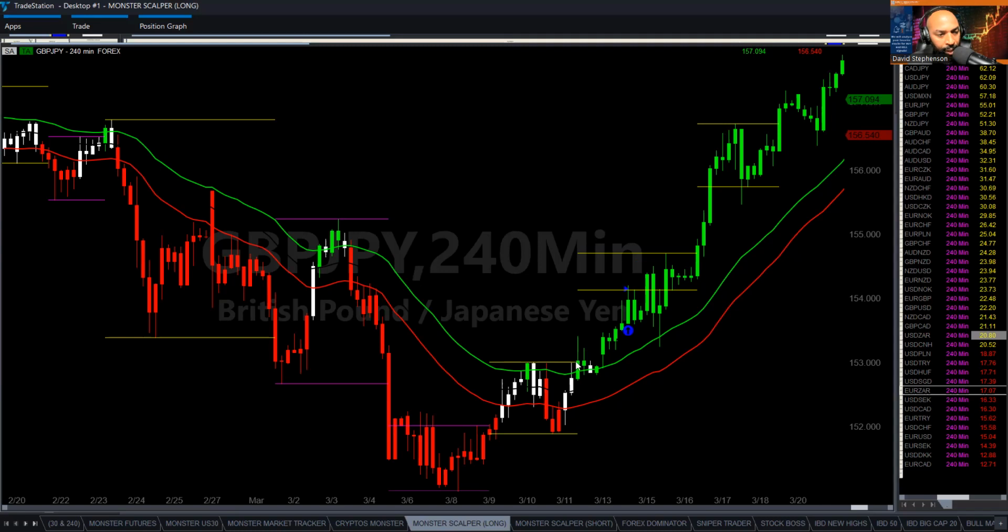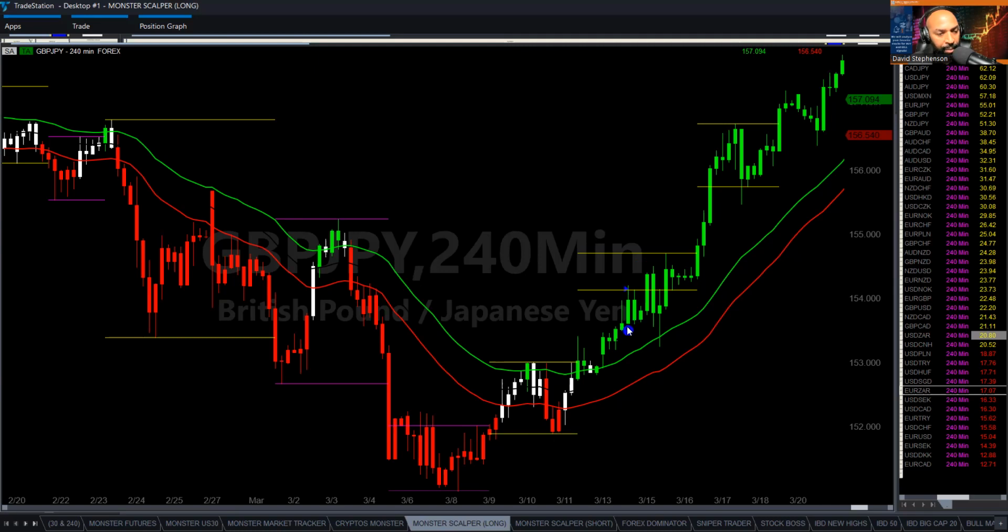Now do we take trades? Absolutely. We'll take trades in this area here also. But yes, we do want to break above resistance, and we need a break below support, right? We need the price to close below support to have a true buy signal.